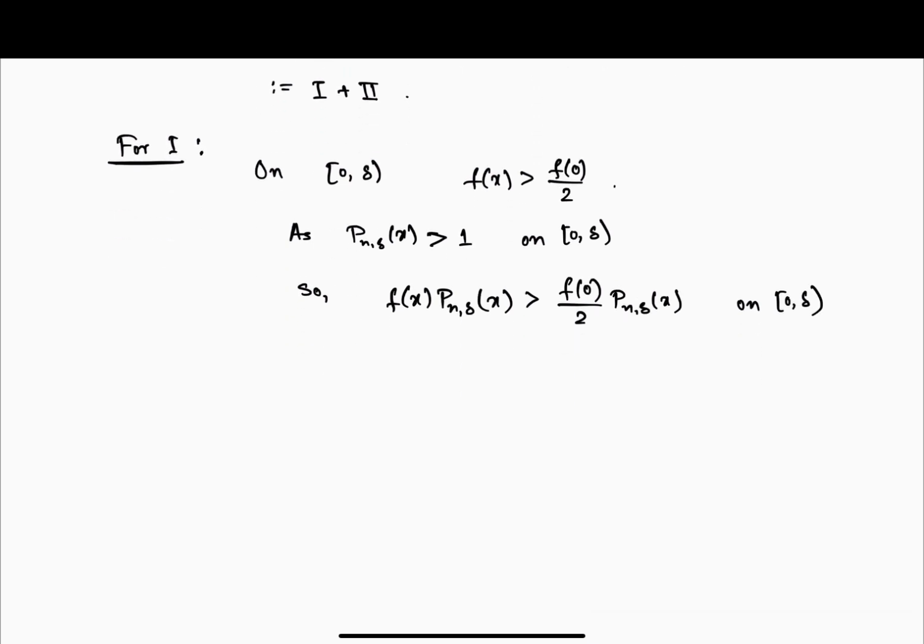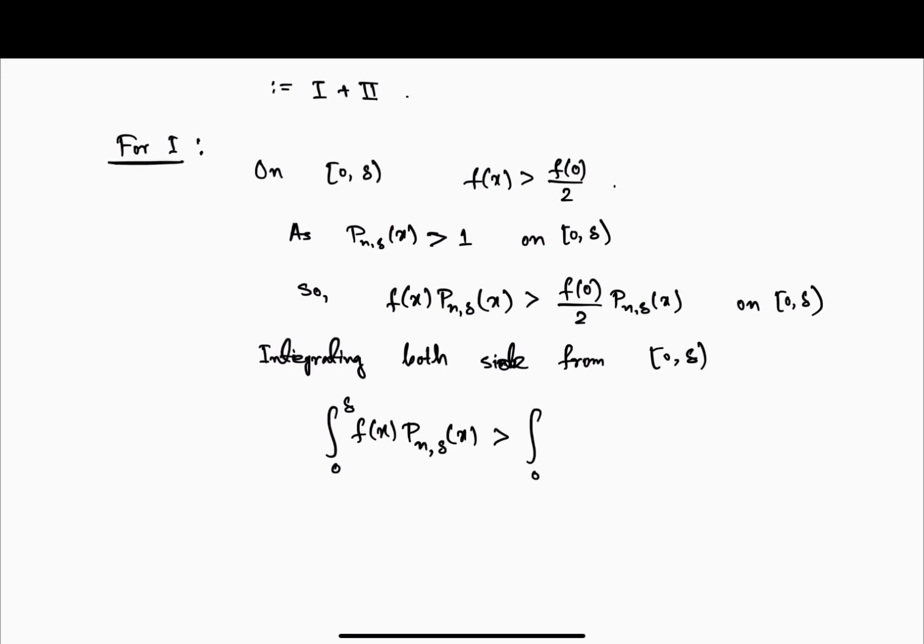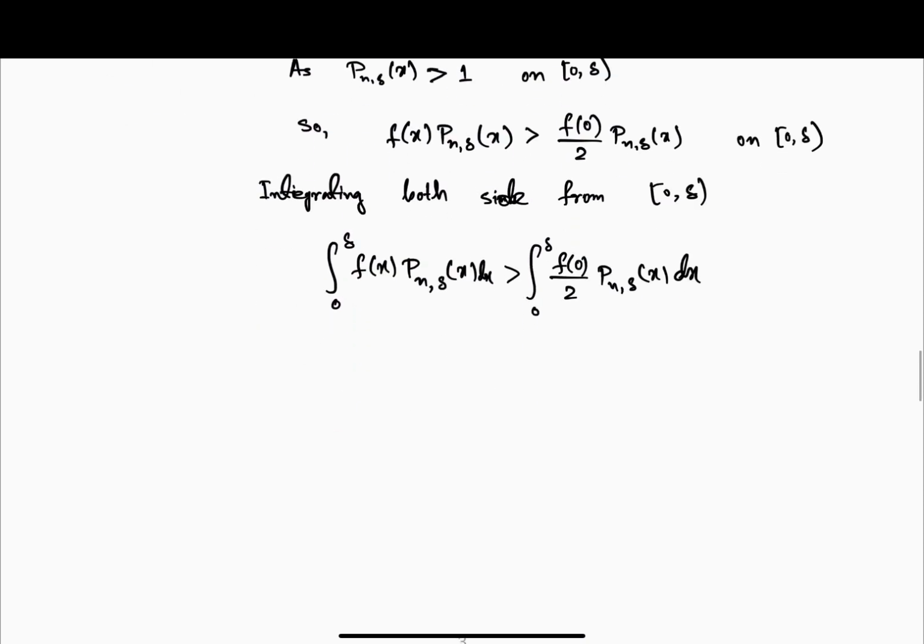So now integrating both sides from 0 to delta, we get the integral from 0 to delta of f(x) P_n,delta of x is bigger than the integral from 0 to delta of f(0) by 2 times P_n,delta of x. Right, now let's take the limit n tends to infinity.